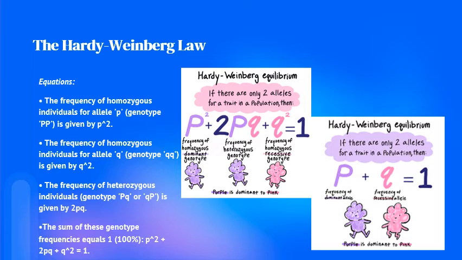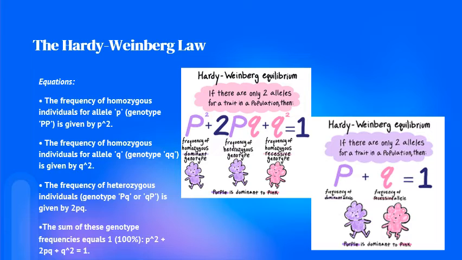The frequency for a homozygous individual for allele q is given by q squared. The frequency of heterozygous individuals, genotypes pq or qp, is given by 2pq. The sum of these genotype frequencies equals 1 or 100%.